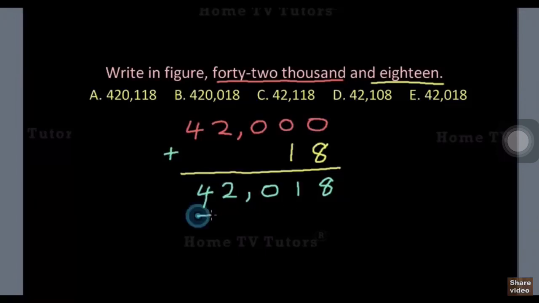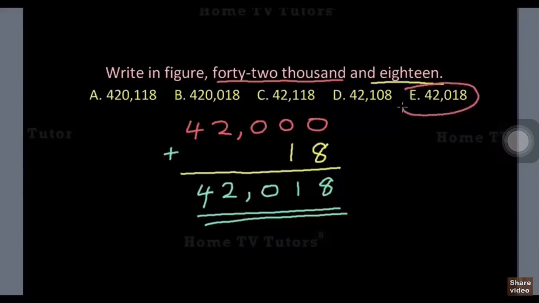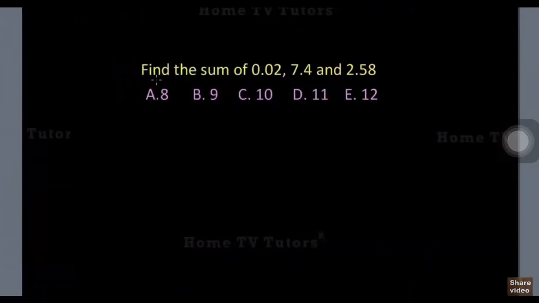So our answer is 42,018, of course, in figure. So that is what option? Option E. Option E, correct.